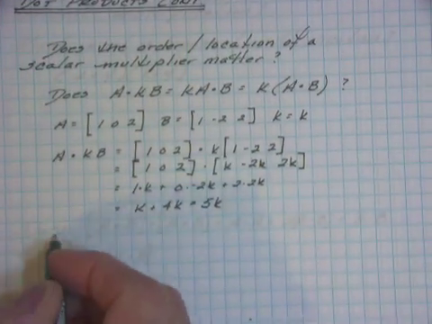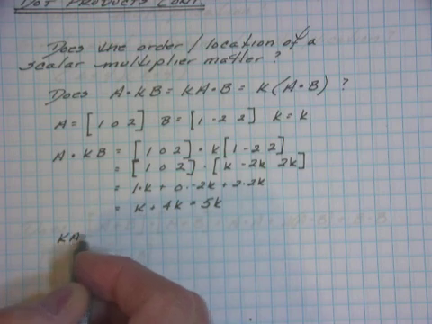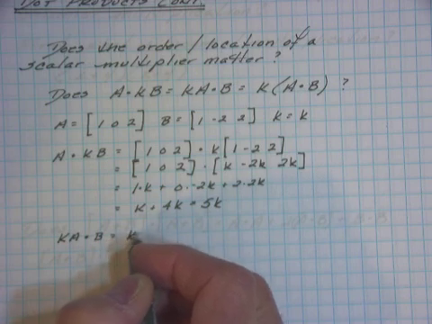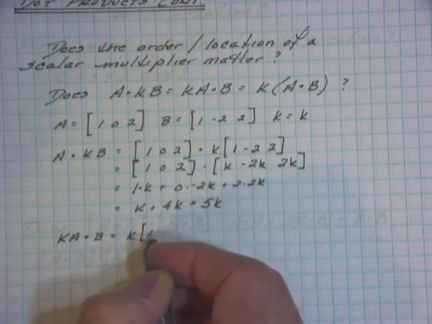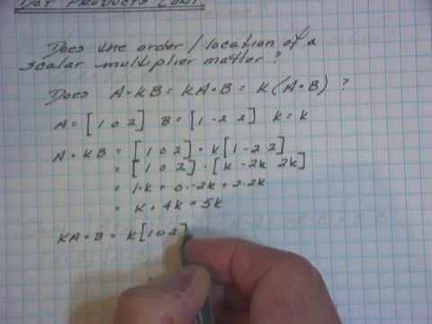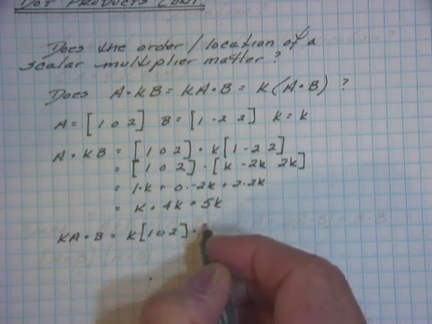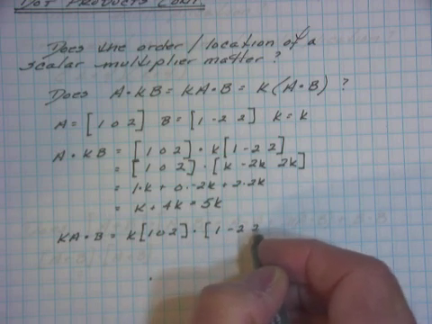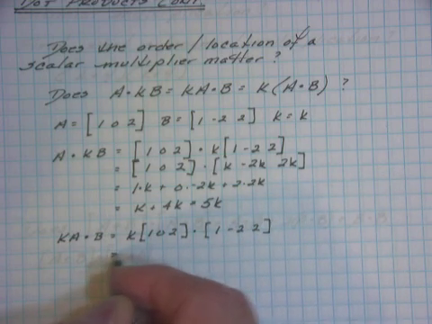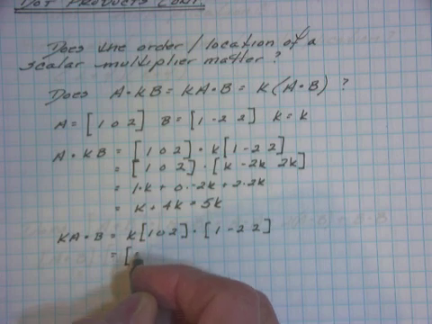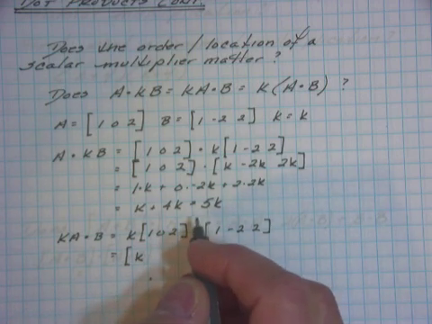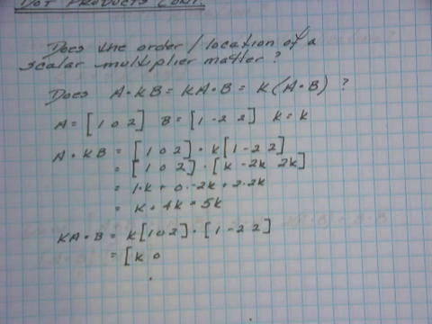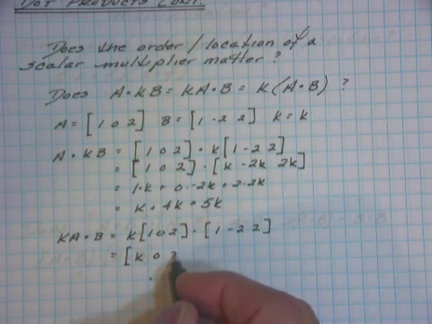Now let's see what kA dot B is. So we've got kA dot B, which equals k times the matrix 1, 0, 2 dot the matrix 1, negative 2, 2. So now we've got the matrix k, 0, and 2k.